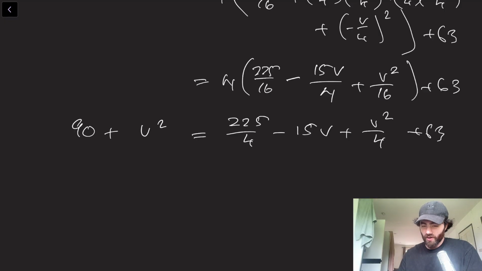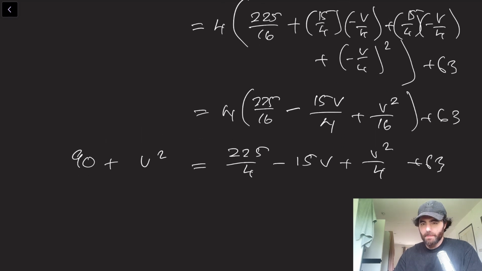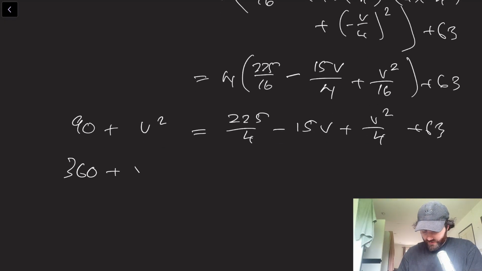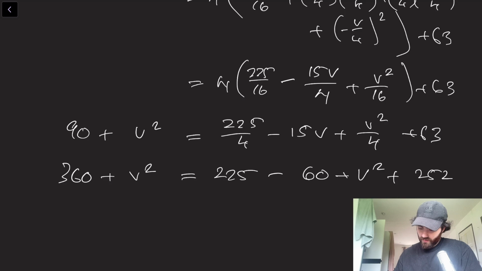I don't want to deal with all these fractions all the time. 360 plus v squared equals 225 minus 15 times 4 is 60 plus v squared plus 63 times 4 is 252. What have I done here?